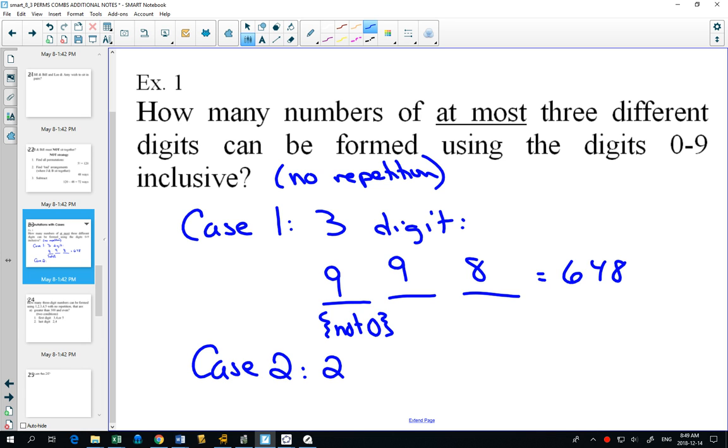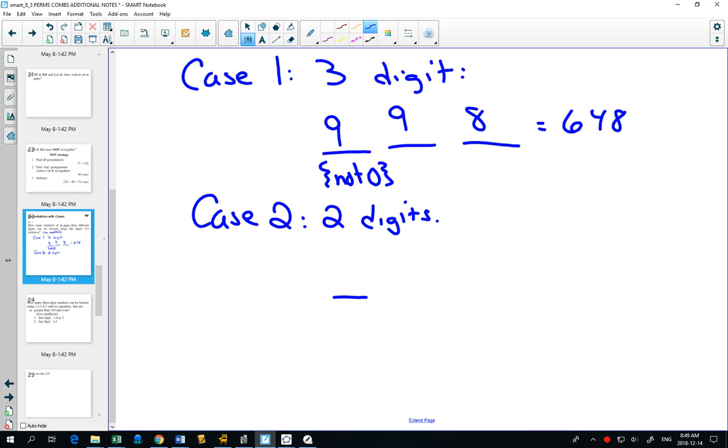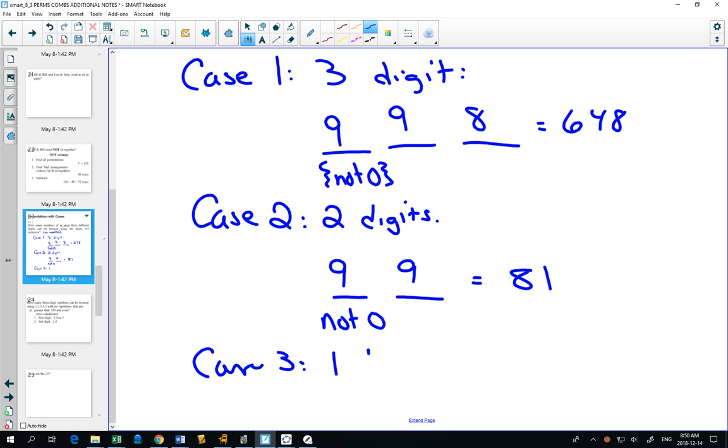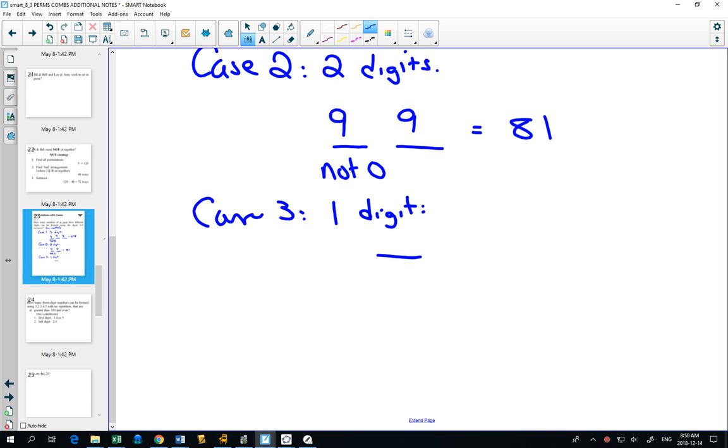Case 2, we haven't counted 2-digit numbers. Again, not 0. 9 choices there. 9 choices because you can put 0 back in, for 81. And case 3, one-digit numbers. Is 0 a 1-digit number? Yes.